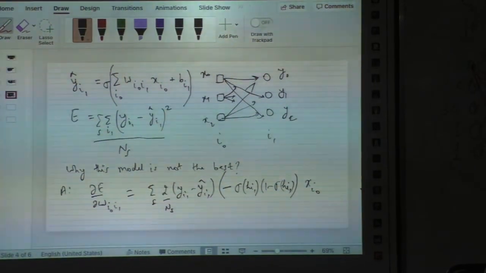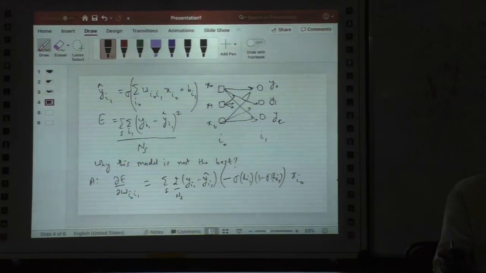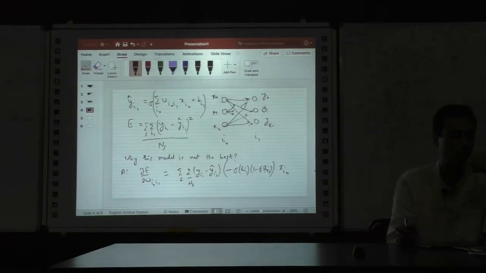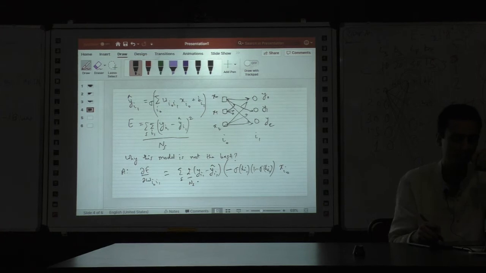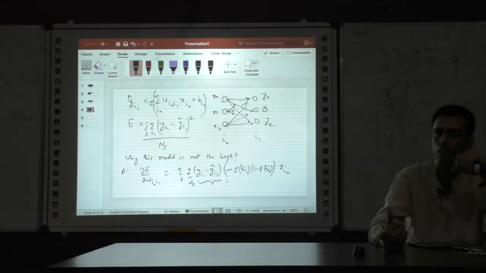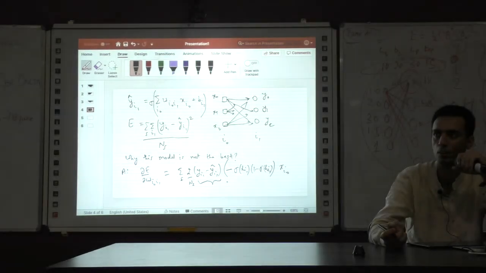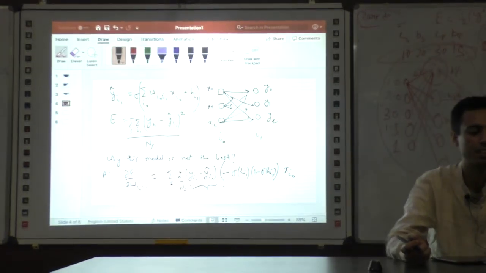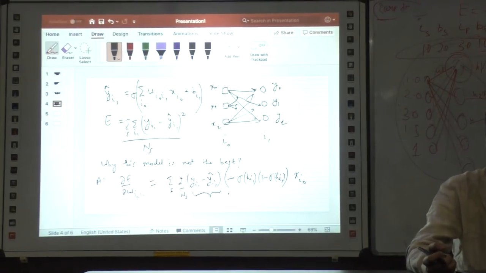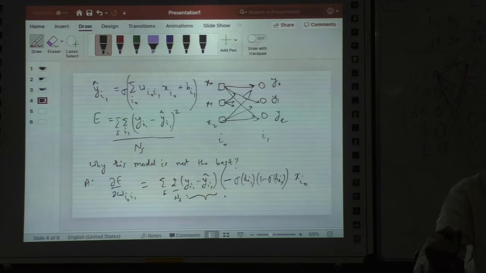Correct? When you are training your model, you have this term. As you are going closer to zero error, this term is becoming smaller and smaller, right? That is why your gradients will be very small and your learning will become slower and slower.